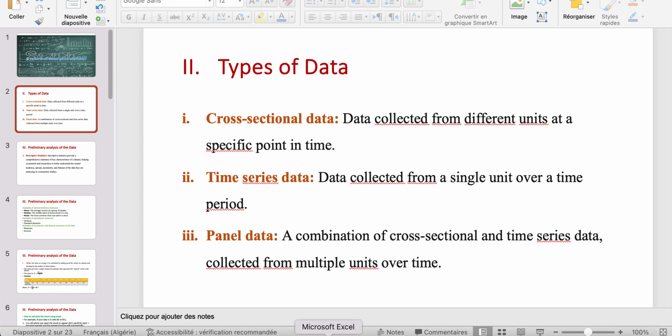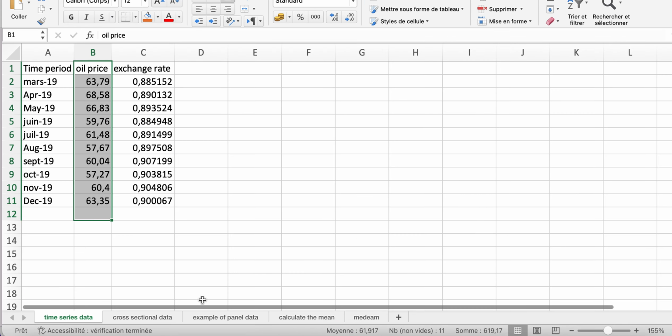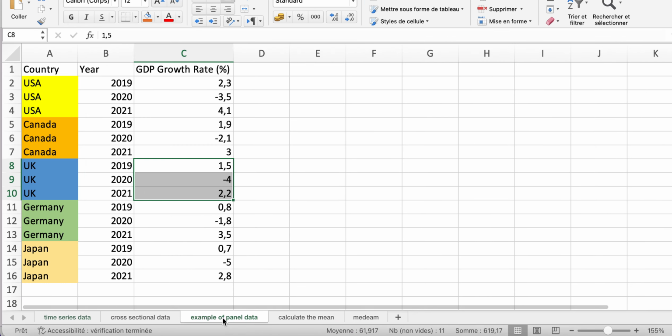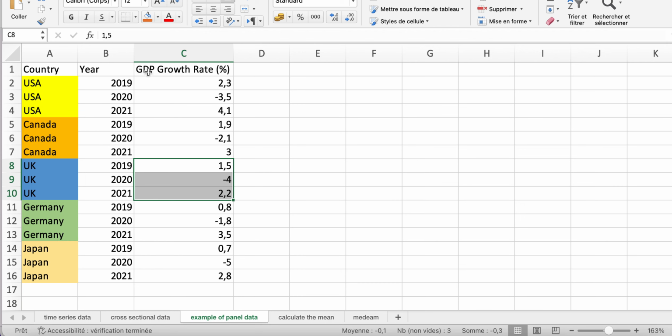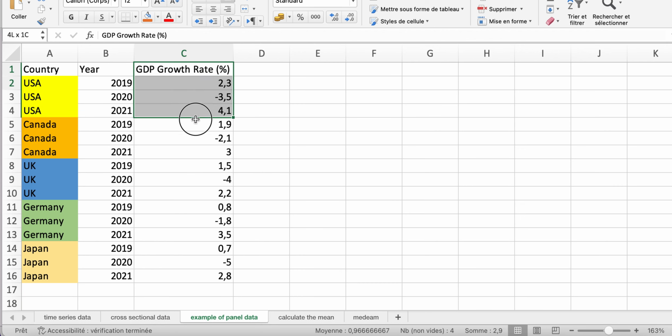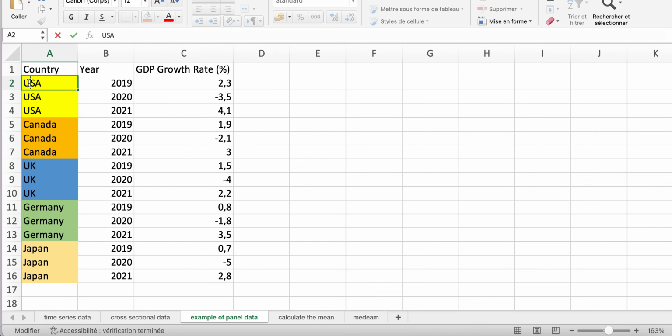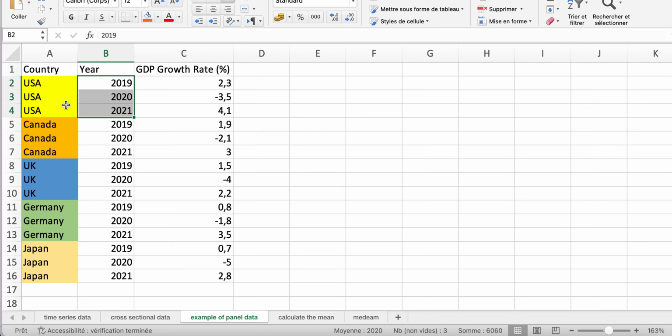Okay, let's see an example of panel data. Like you see here, we observe the GDP growth rate for different countries: USA, Canada, UK, Germany, Japan, and we also have the time frame, 2019 to 2021.